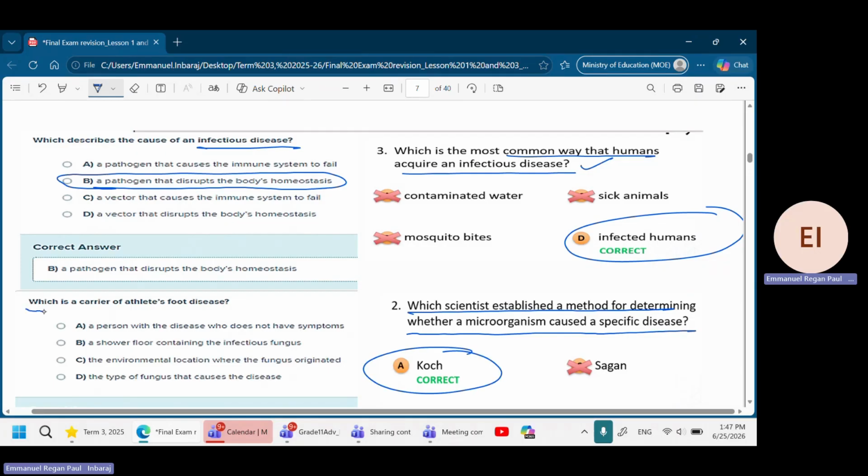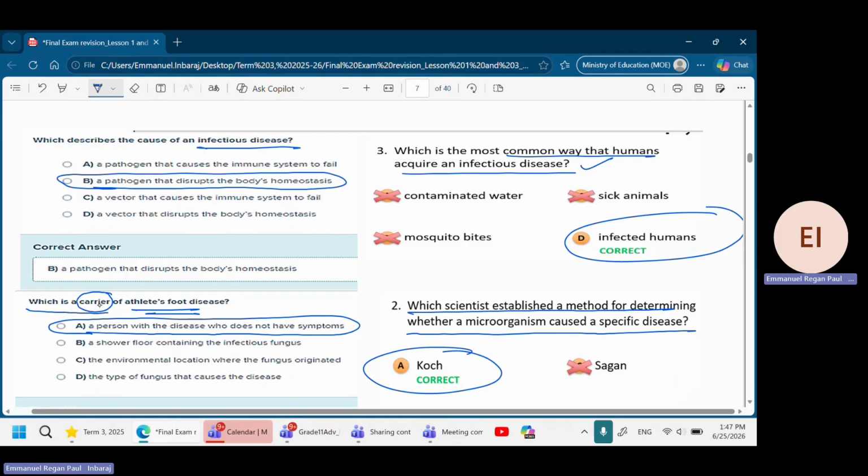Next, which is a carrier for athlete's foot? You see, they're not asking you the cause. They're asking you which is a carrier. So the carrier is a person with a disease who does not have any symptoms. See, I told you he will only carry the infection from person A to person C. Remember, we did a diagram.